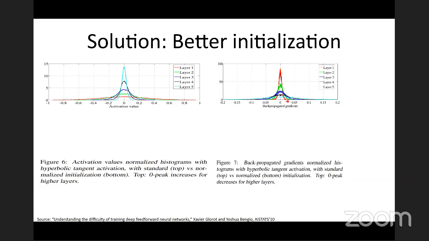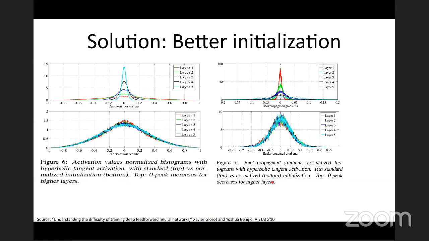The gradients are closer to 0 for layer 1, and they are much more spread out for the other ones. But if we initialize the weights better, then we can have the distribution of the activations as well as the gradients quite equal among the layers, so that all of them train together. It's not like only the top layers are training and the lower layers are not training.